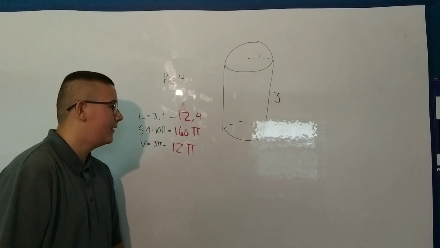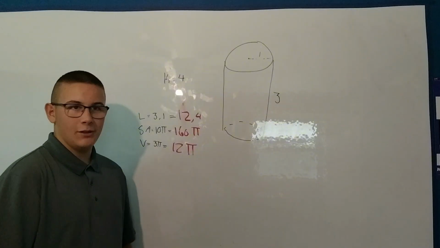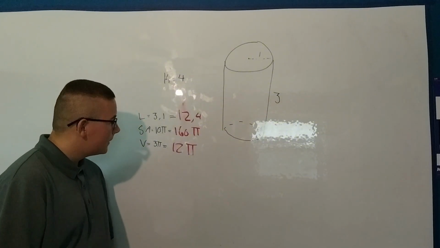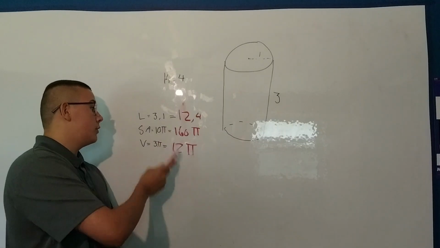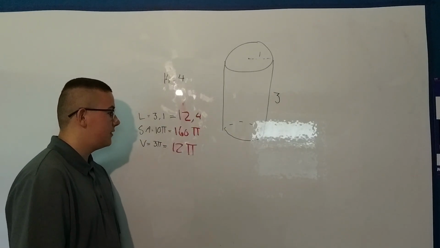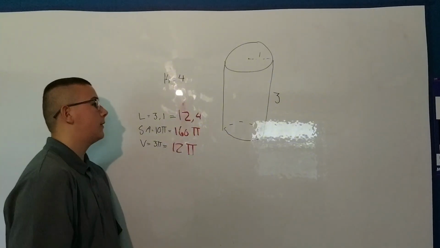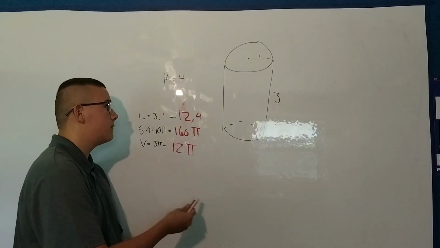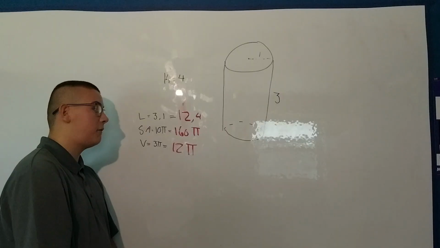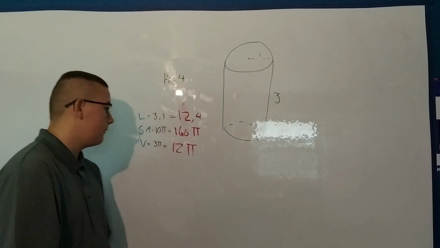I've been fumbling through this. I probably should have looked up what the proper term for that is before I started filming, but your new lengths, volume, and surface area are 12 and 4. 12 for the height, 4 for the radius, 160 pi, and 12 pi for the volume.